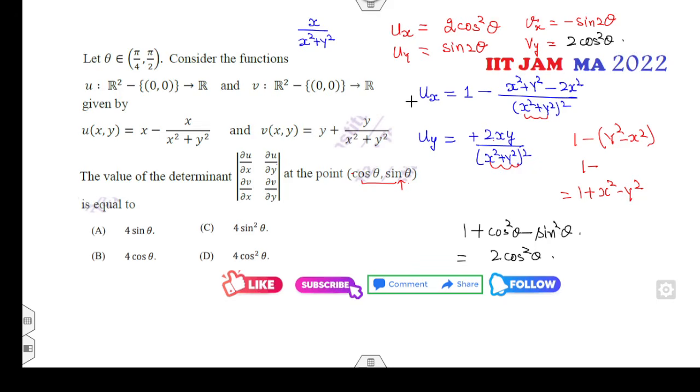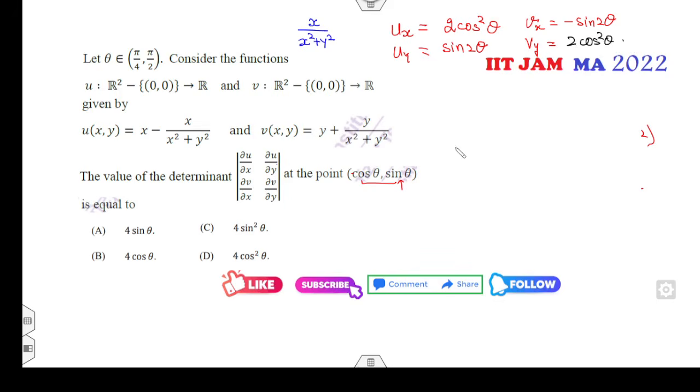Fine. Now you can substitute in the given expression the determinant: u of x is 2 cos square, u of y is sine of 2, minus sine of 2, and 2 cos square. If you find the determinant, it's 4 times cos of 4 minus sine square.